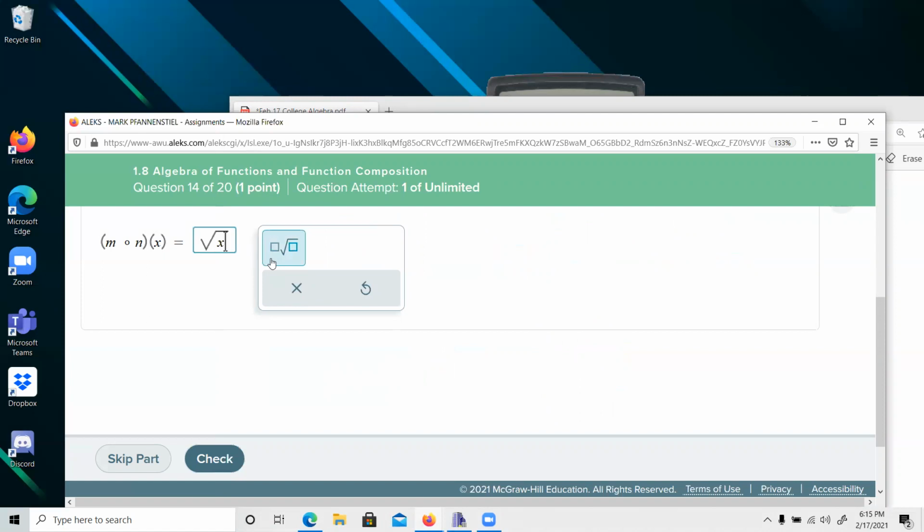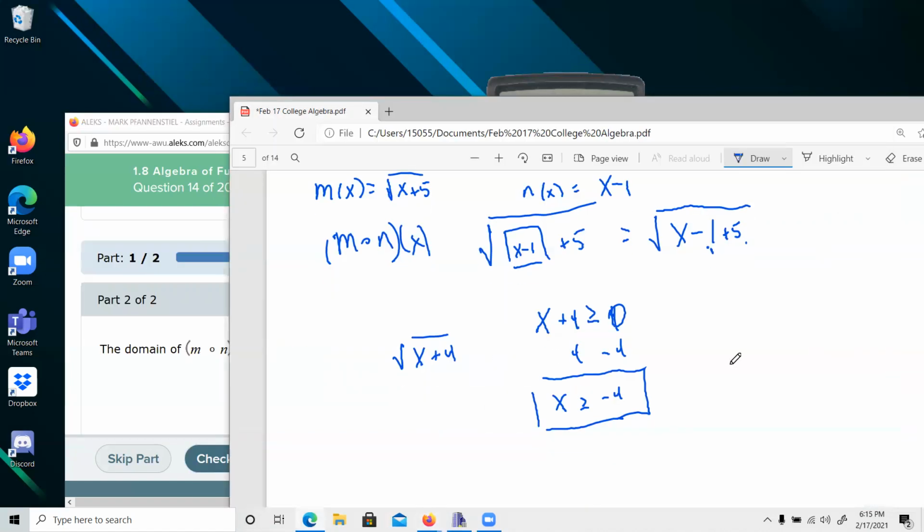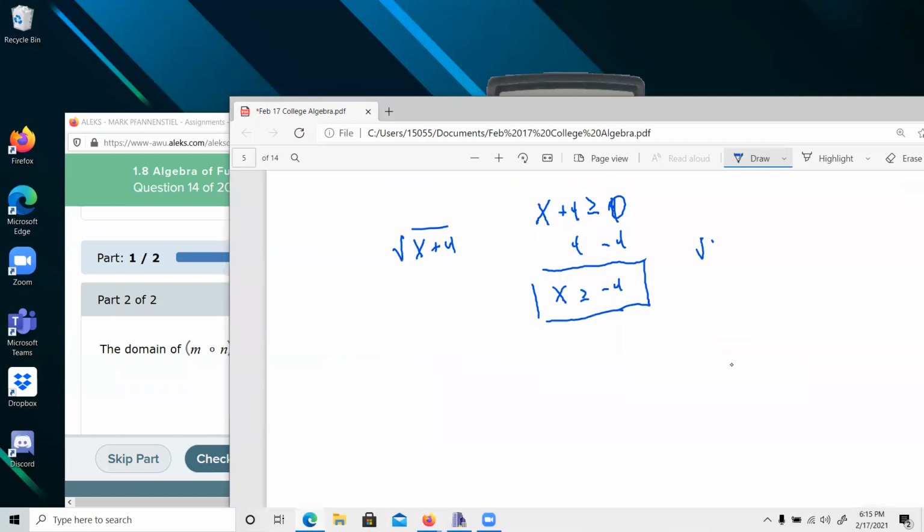Remember also, what does the function square root of x plus 4 look like? That is a square root function with a shift of 4 to the left.